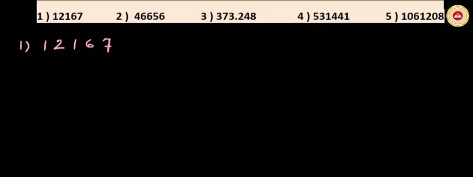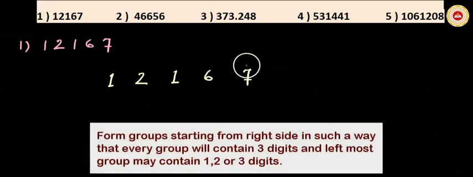The first step is to write the number properly first: 1, 2, 1, 6 and 7. Now we have to form groups starting from the right side to the left side in such a way that every group will contain 3 digits.